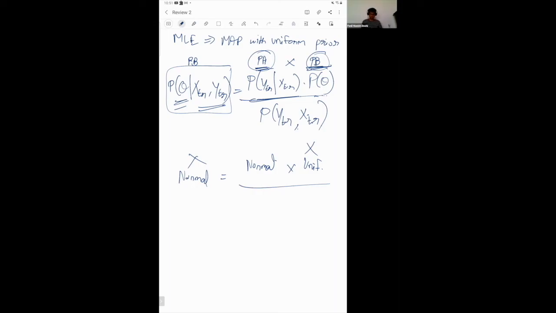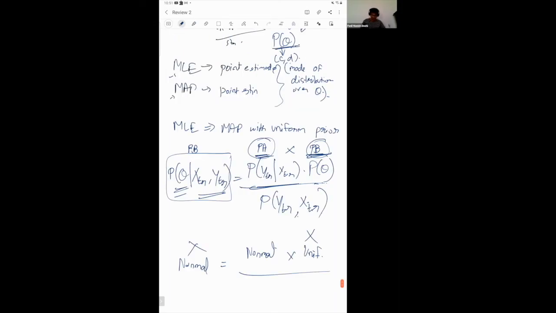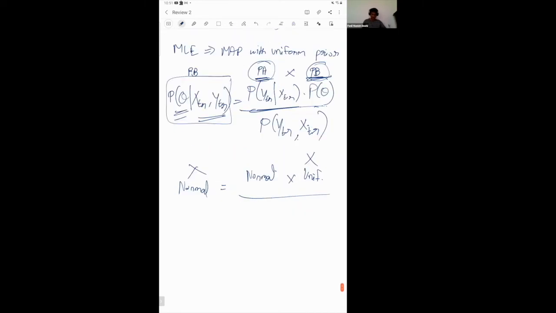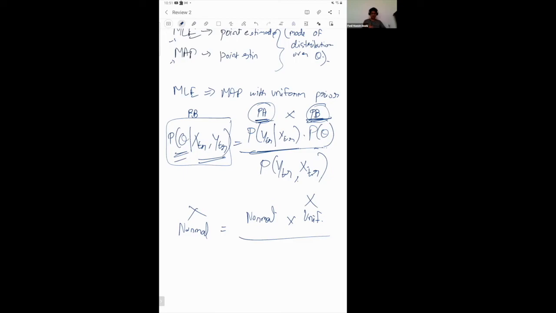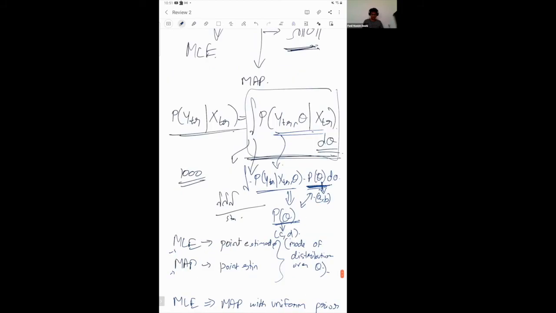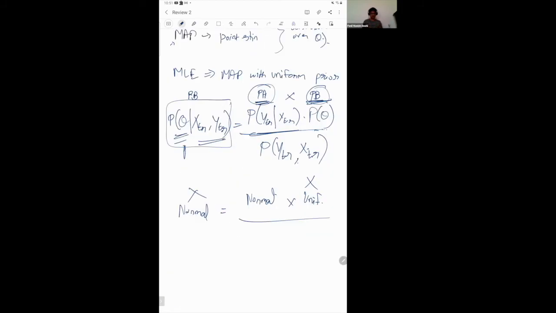So no doubts. Sometimes in order to get a closed form solution, conjugate distribution helps us a lot. And conjugate distribution ensures that the distribution of theta doesn't change after seeing some data, which you wouldn't want.